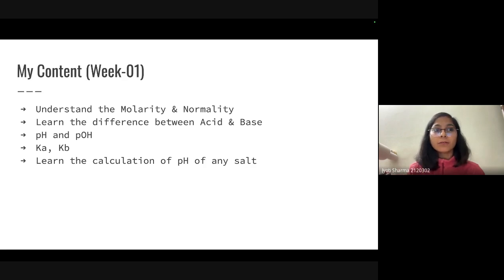If you can solve those, you can solve the assignment questions within a minute or a second. And this KA, KB is the equilibrium constant for acid and base; we will learn about this. At the end of this class we will also be able to calculate the pH of any kind of salt as well.